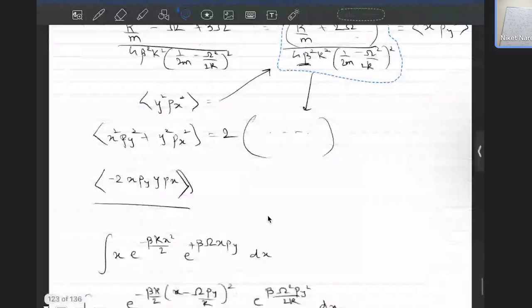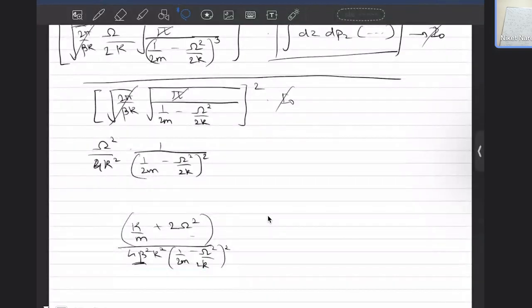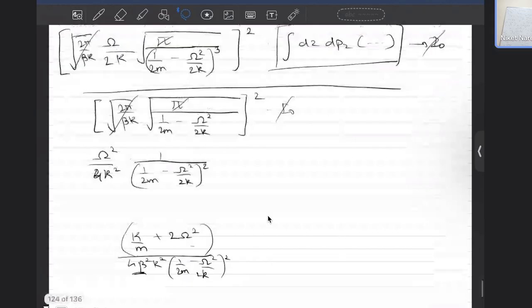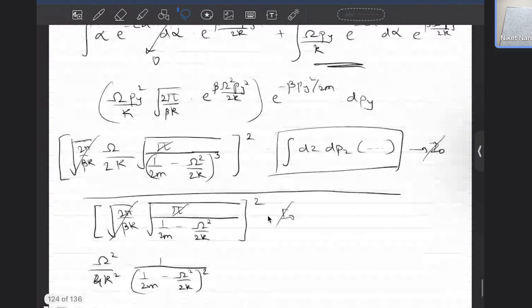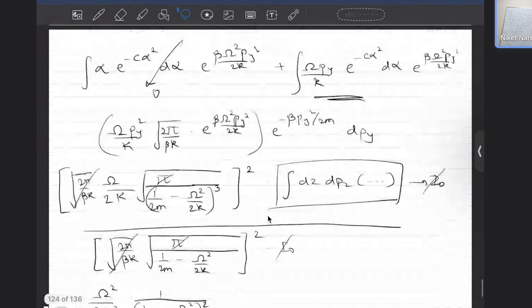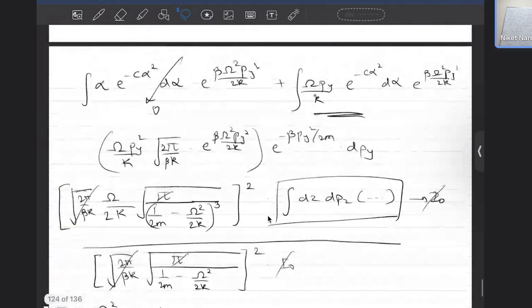Yes. Kappa by m plus 2 omega square. And I have 4 beta square kappa square. Where did I miss out on the beta? Something that I'll have to figure out. Where did I do that?